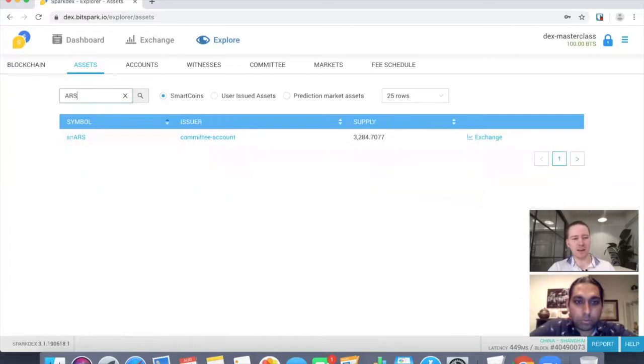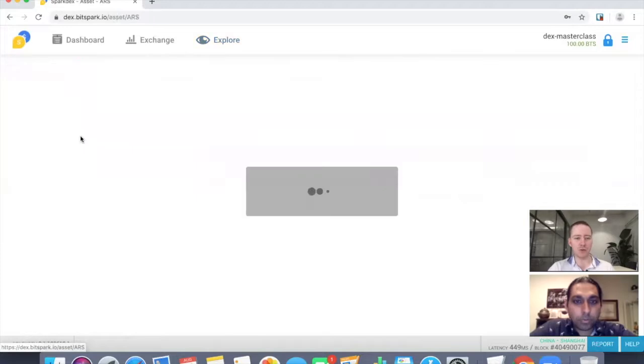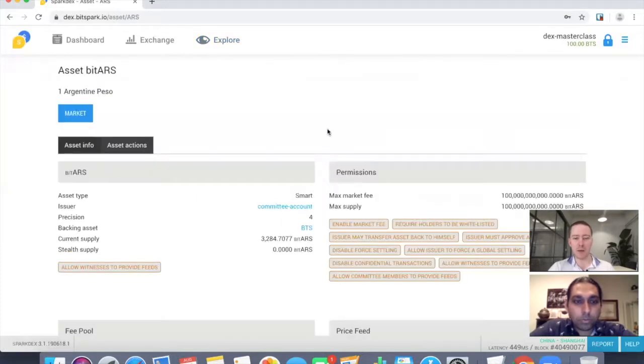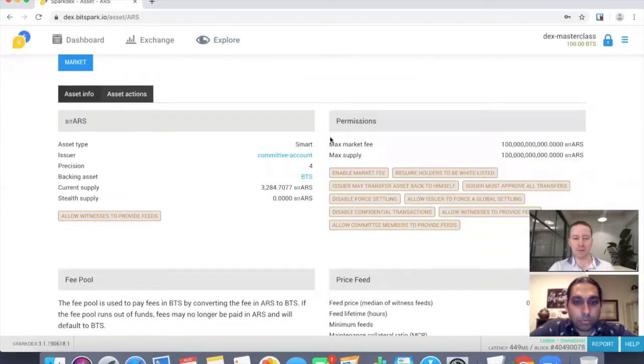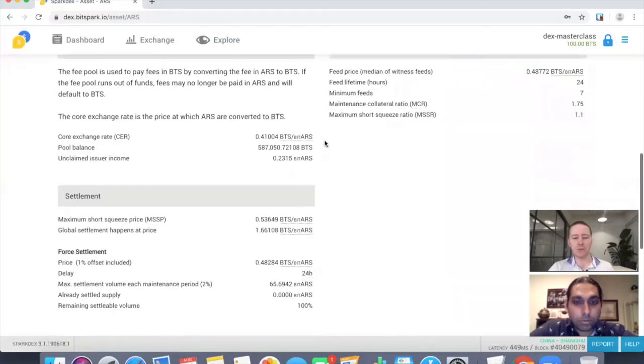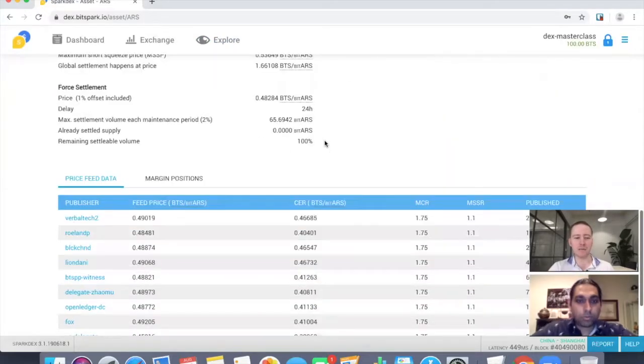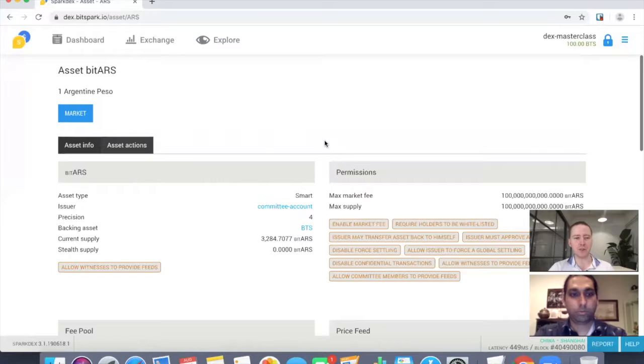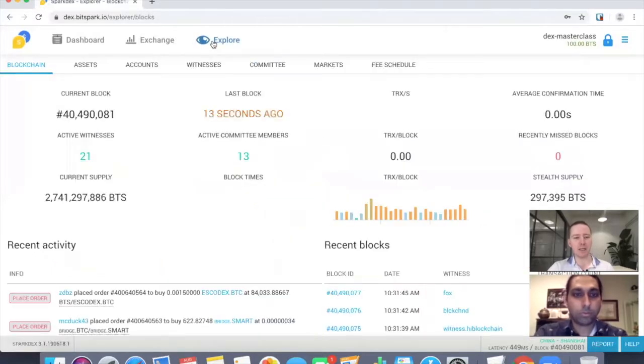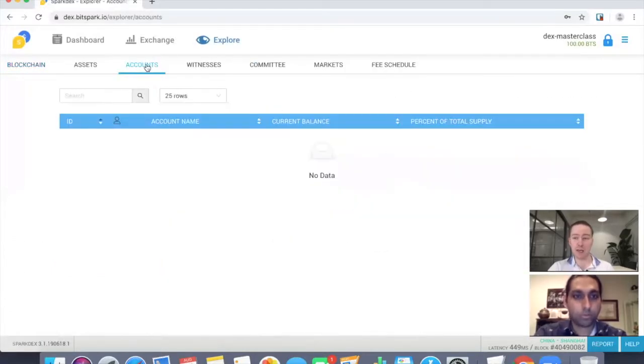You can type in Argentinian peso, which is another good one. Unfortunately, the Argentinian peso has depreciated quite a lot recently. But if you wanted to look at the specifics around that coin, you can have a look here, max supply and so on. So this gives you a lot of information about the different cryptocurrencies that you might be interested in.